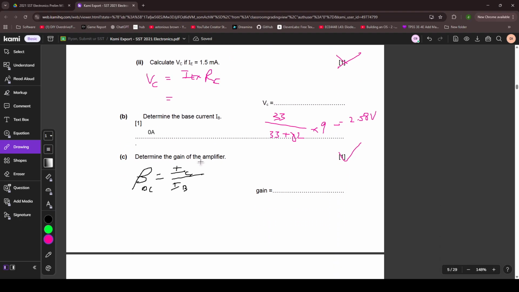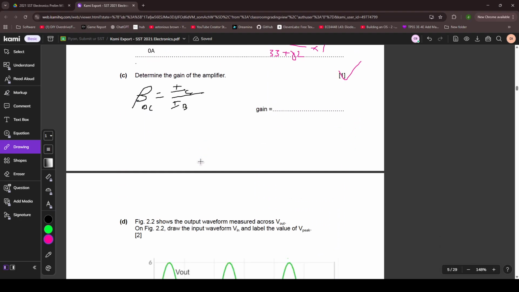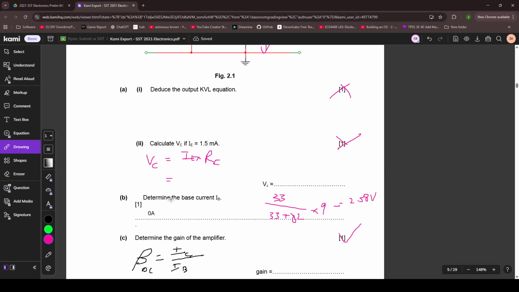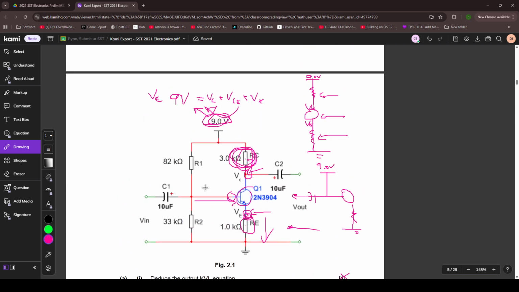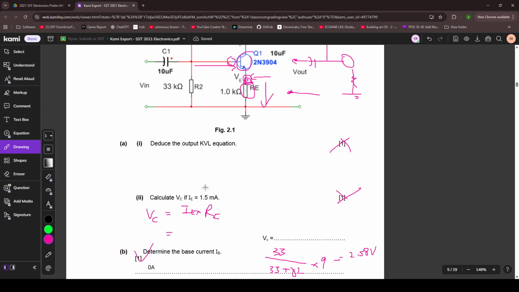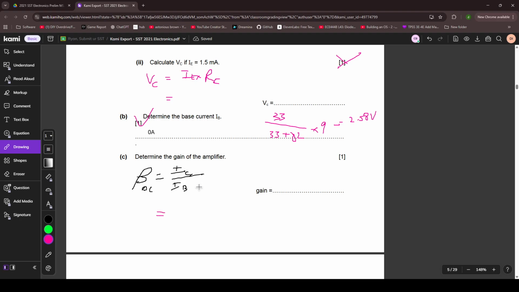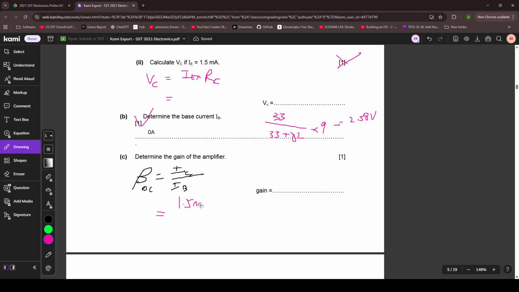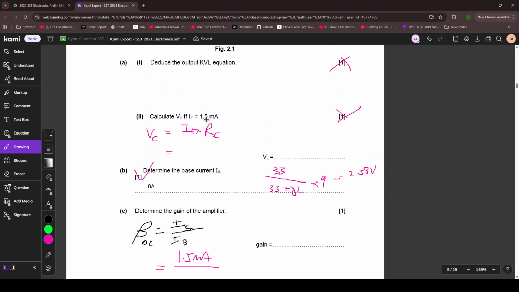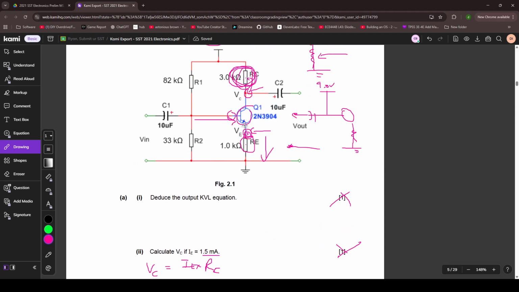Determine the gain of the amplifier. Okay, you wrote current gain is equal to IC over IB, and then you didn't do anything. So you just need to find IC and IB. You know IC is 1.5 because IE is 1.5, but that's not right though.